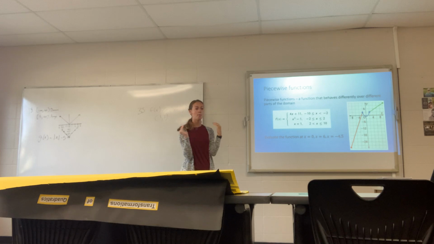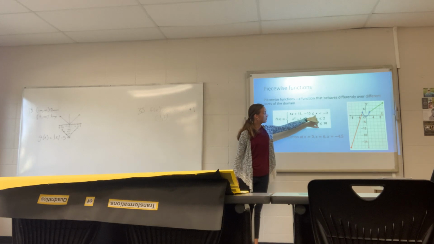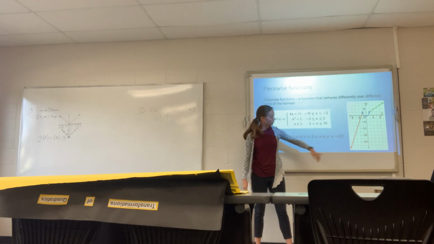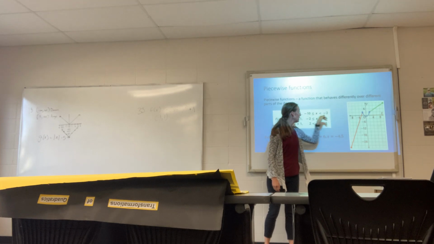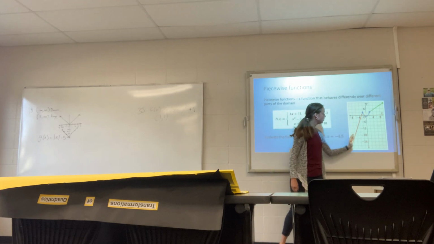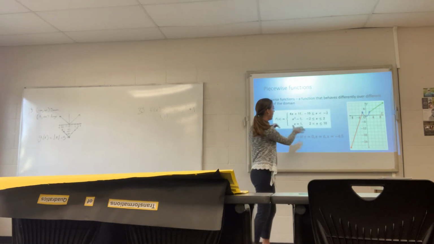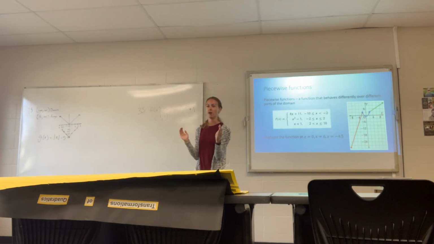Its domain is -10 is less than or equal to x, which is less than -2. Because I have the less than or equal to, I have a closed circle down here. So from -10 to -2, I'm going to graph this equation right here. Is everyone with me so far?